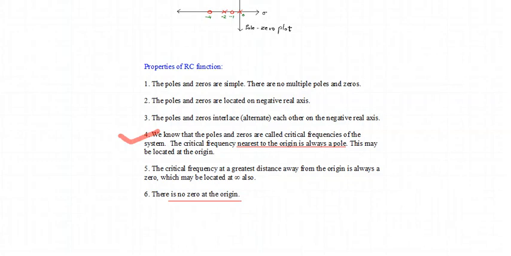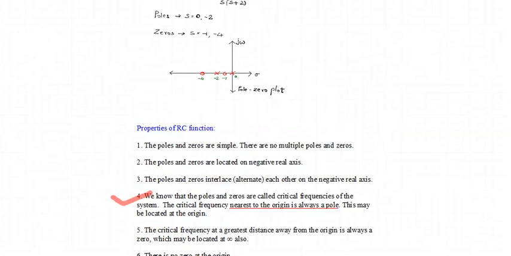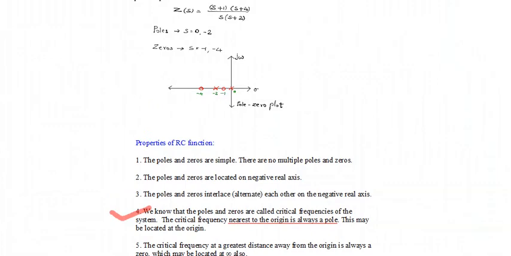So let us once again summarize the properties of RC function. So what is the first property? All the poles and zeros are lying on the negative real axis, right? Further, all the poles and zeros are interlaced.